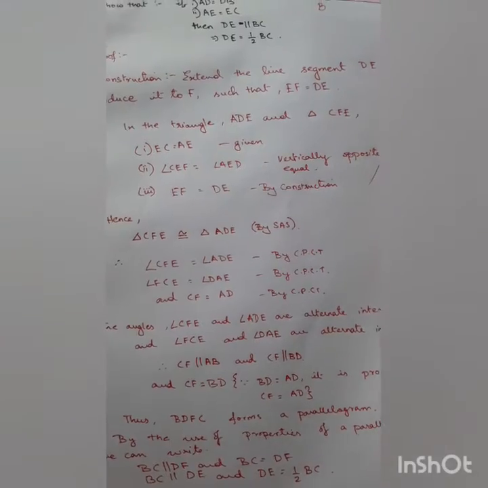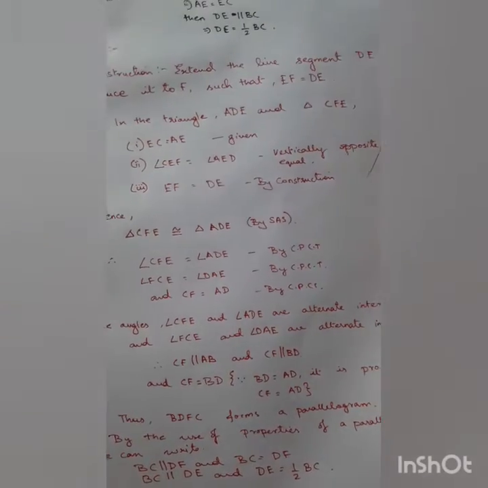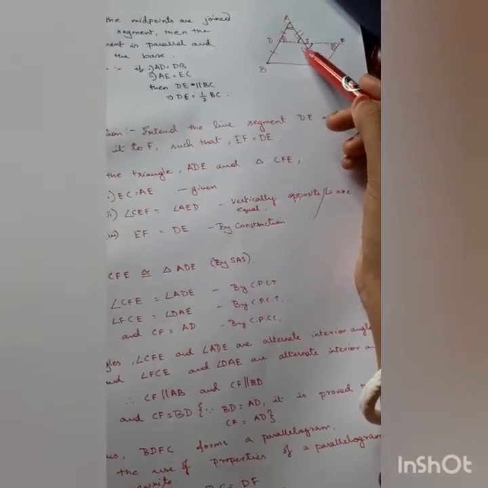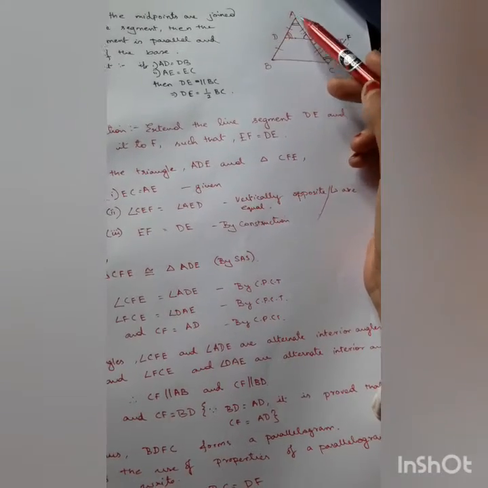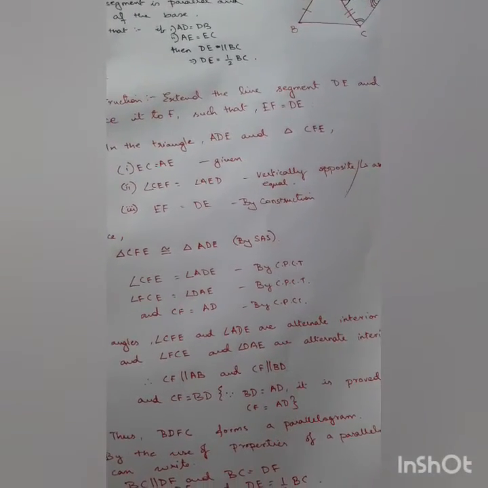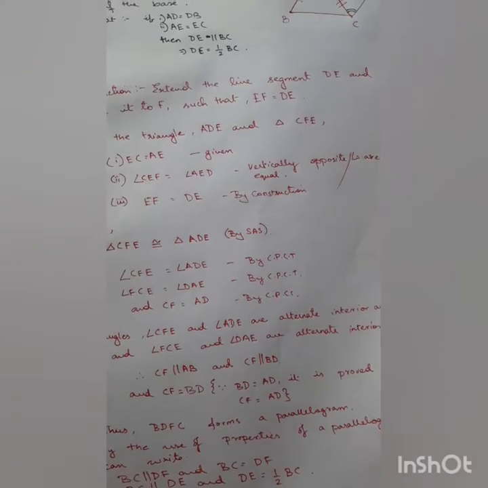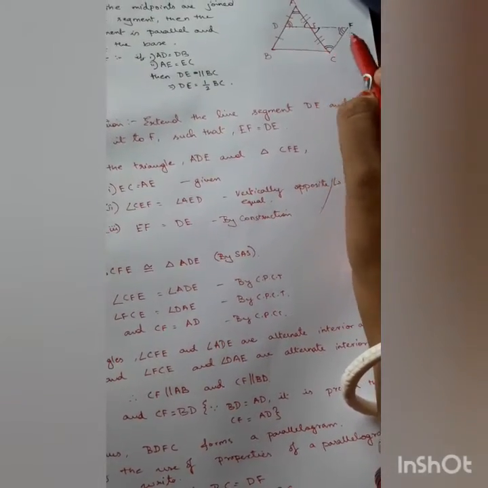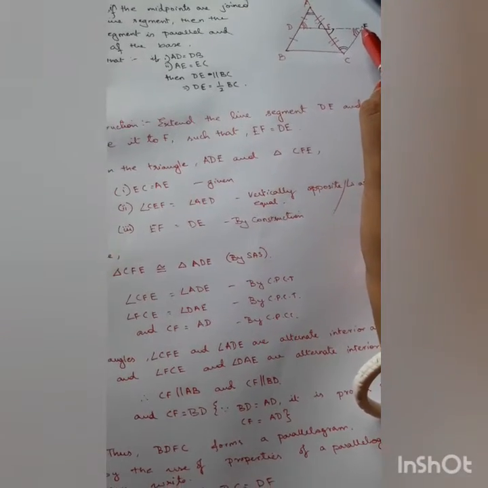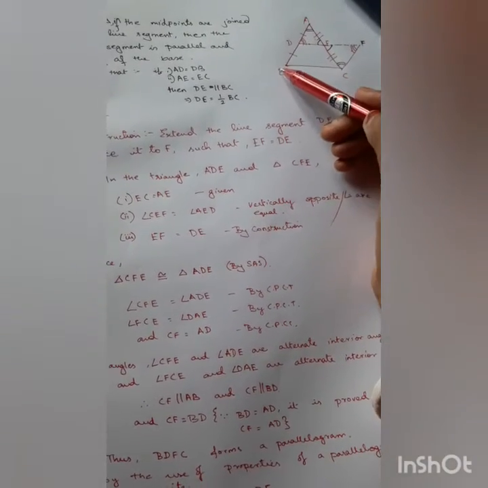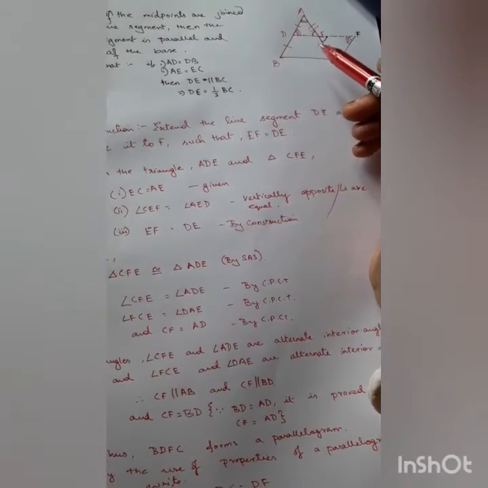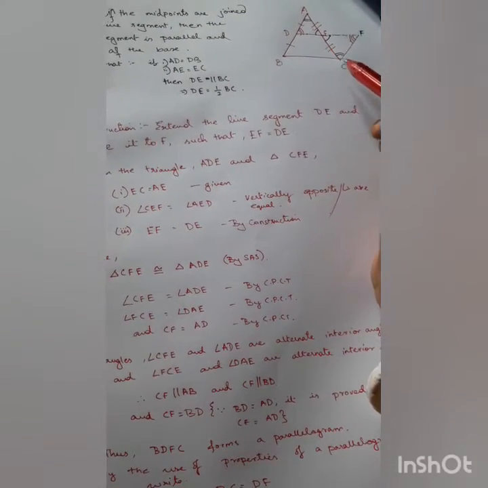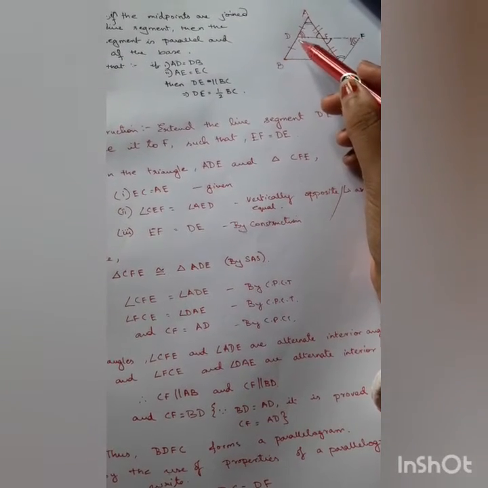And similarly, I can say the same thing for FCE and DAE. They are also alternate interior angles, which means CF is parallel to AB and CF is parallel to BD.